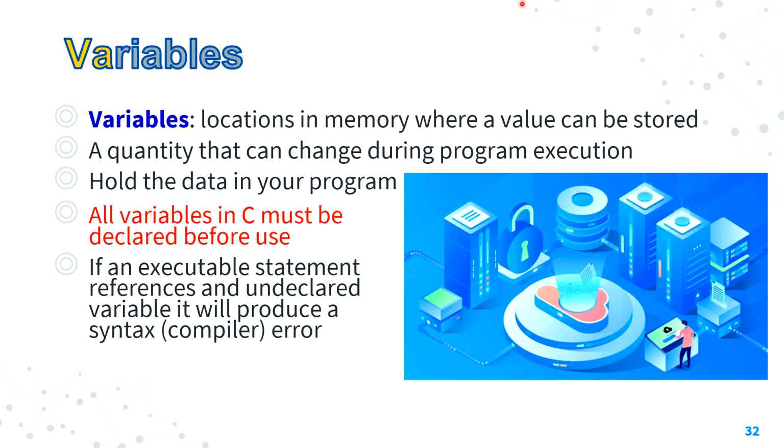When a variable is declared, the compiler allocates the required amount of memory based on its data type and ensures that only valid values are stored in that memory location.